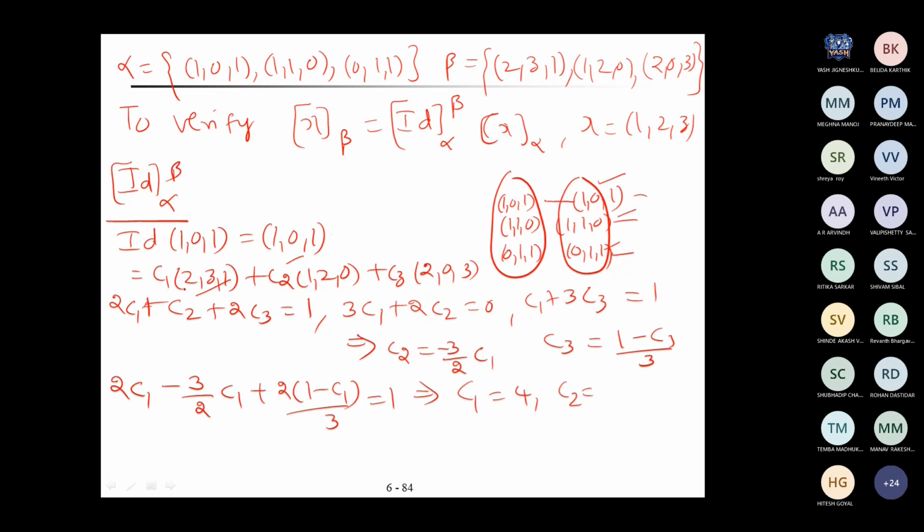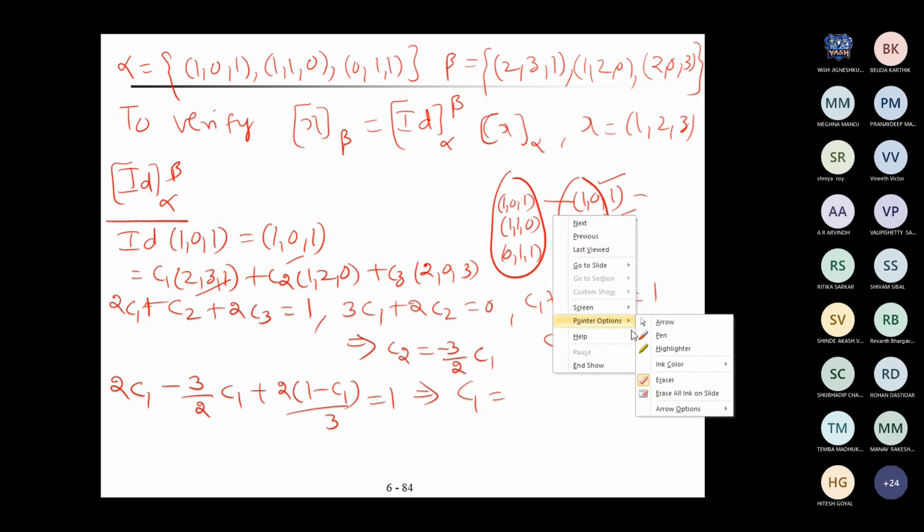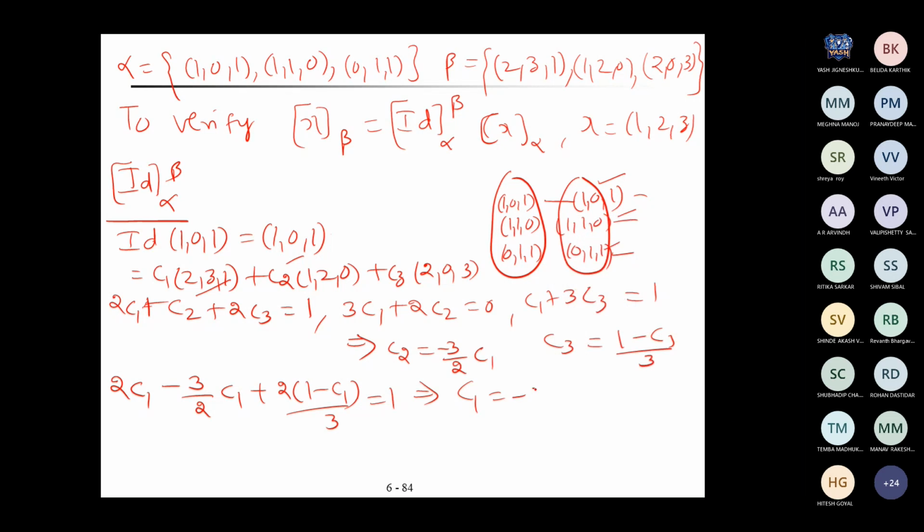C1 should be minus 2. Okay, what about C2 and C3? C2 is 3, C3 is 1. So correct, you can check here. Minus 2, 3, 1, minus 2, now minus 4, so minus 3 plus 4, 1. Correct here.